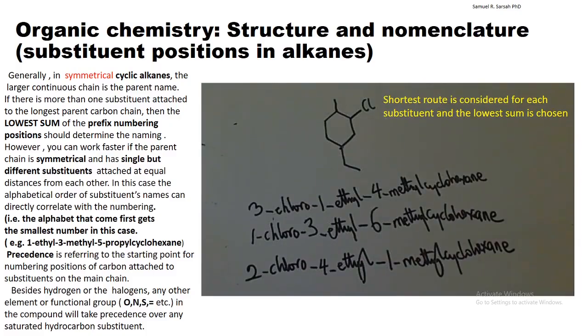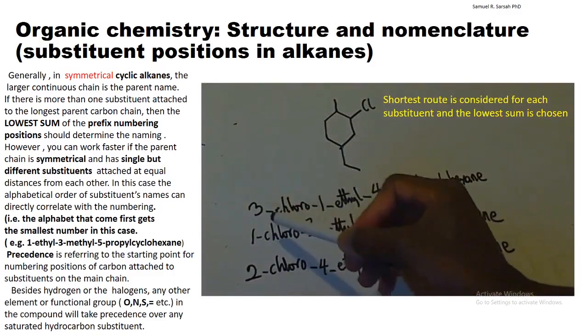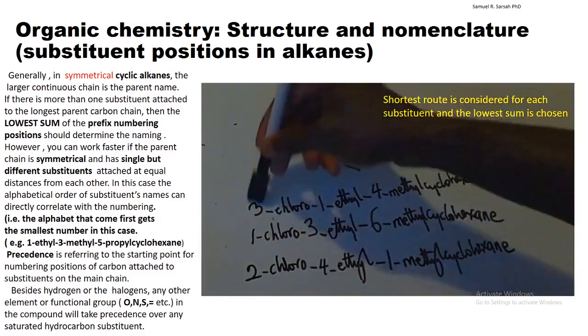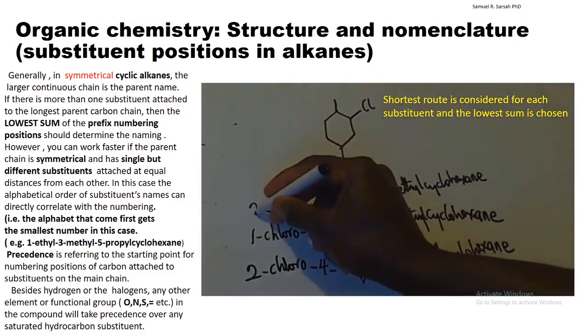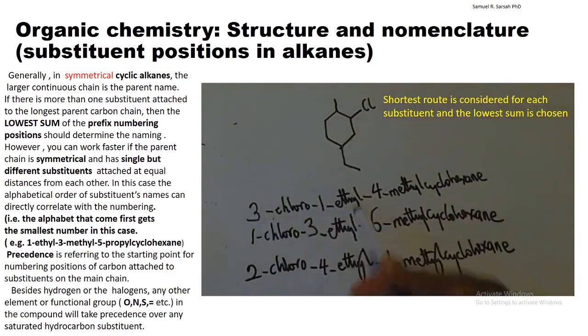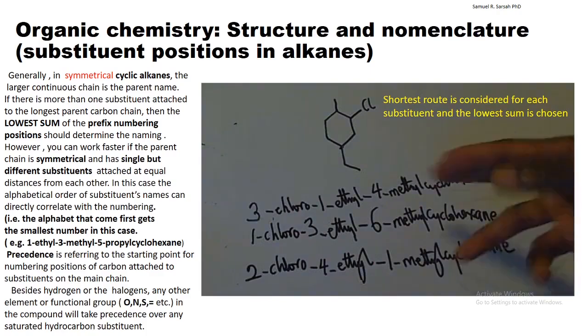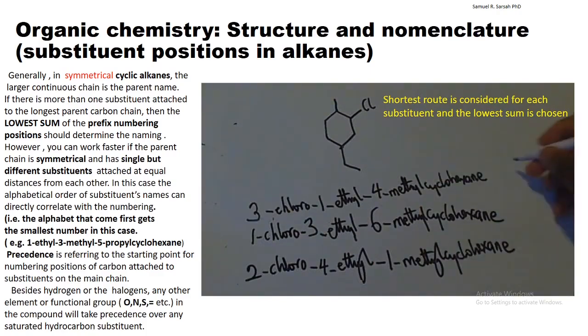Which one do we choose? Obviously we have to look for one with the smallest sum of the numbers as possible. So let's come here. 3 plus 1 plus 4 gives me 8. Okay.